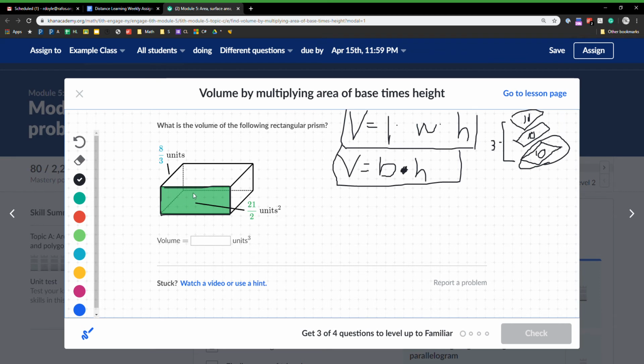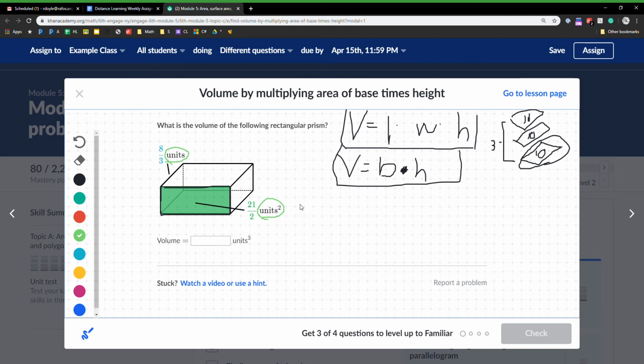Notice there are 2 different units: this one says units squared, which is an area, whereas this one says units, which is a length. So the base is this, which is the units squared.